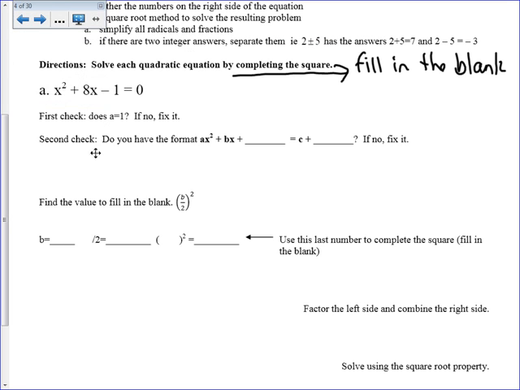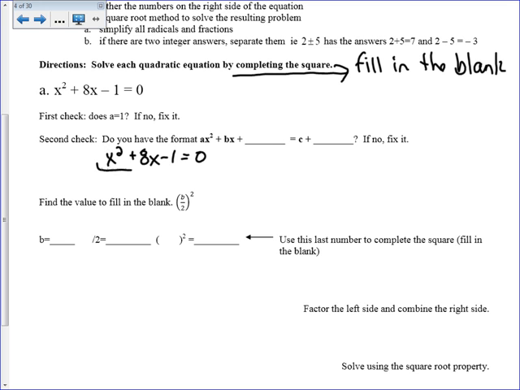Second thing you're looking for, do you have the format ax squared plus bx plus, leave yourself room to complete the square, equals c. So do I have my variable terms on the left and my constant on the right? No. My variable terms are this x squared plus 8x. Right now we're looking at x squared plus 8x minus 1 equals 0.